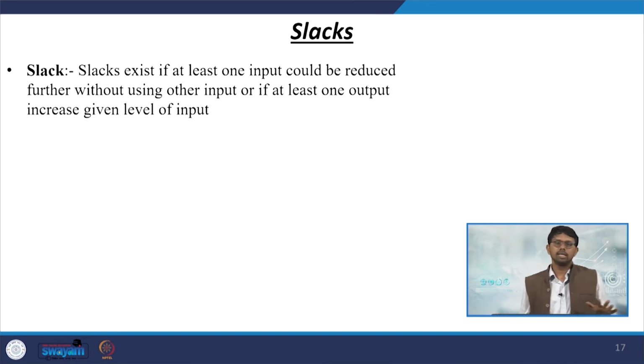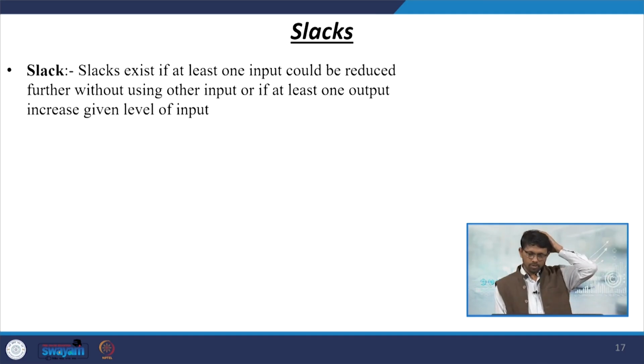As I already discussed, there must be some slacks. Slacks basically identify the best, the optimum combination of inputs, or in the output model as well. We will find out which one is indeed the best.